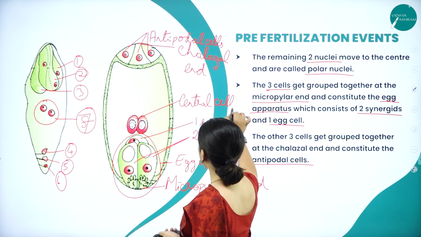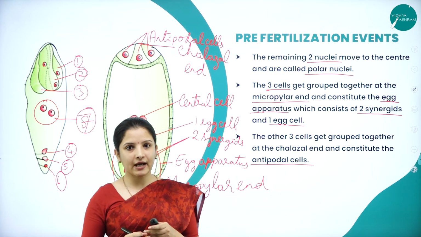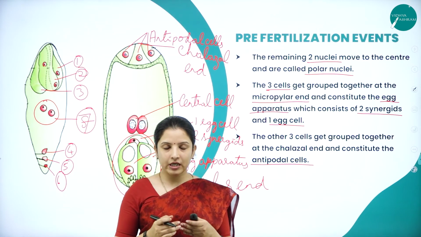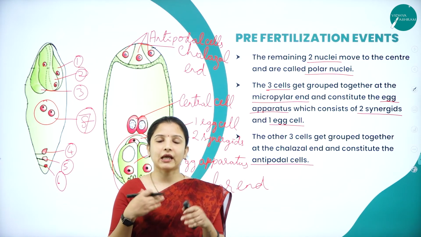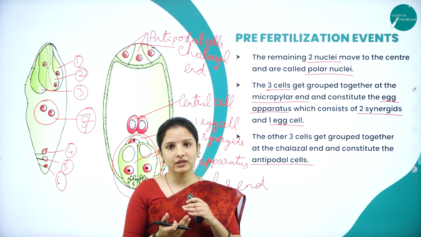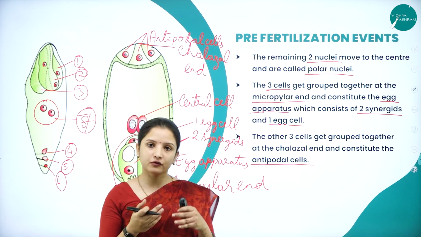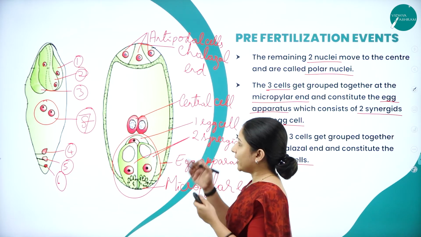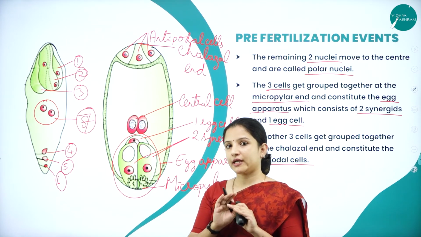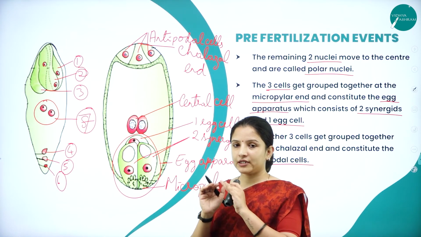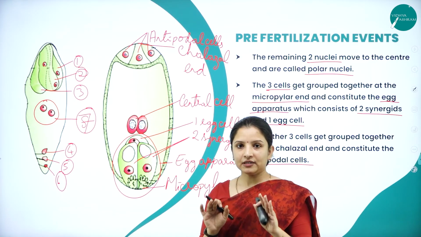So this is how the embryo sac develops. First the embryo sac was uninucleate. The nucleus underwent mitotic division to form 2 nuclei, again mitotic division to form 4 nuclei, and again mitotic division to form 8 nuclei. Once 8 nuclei got formed, 6 nuclei got surrounded separately by cell wall and 2 nuclei got surrounded together by cell wall, and you had 7 cells.